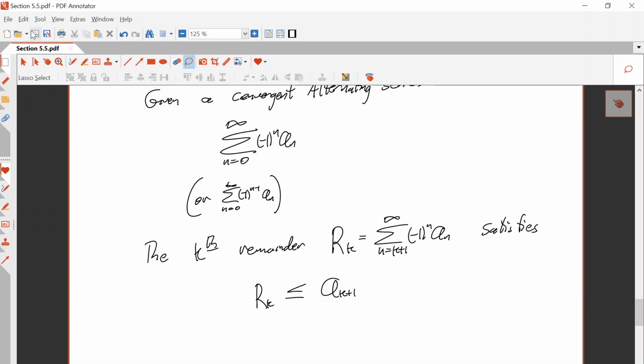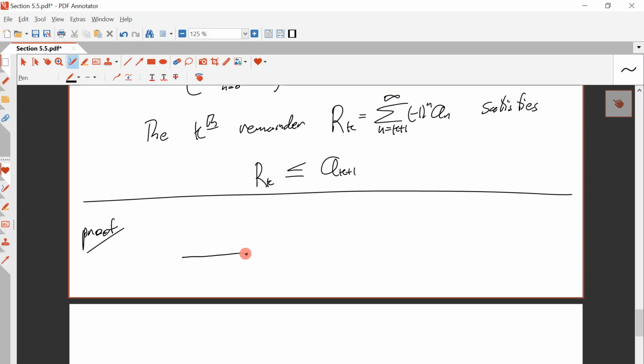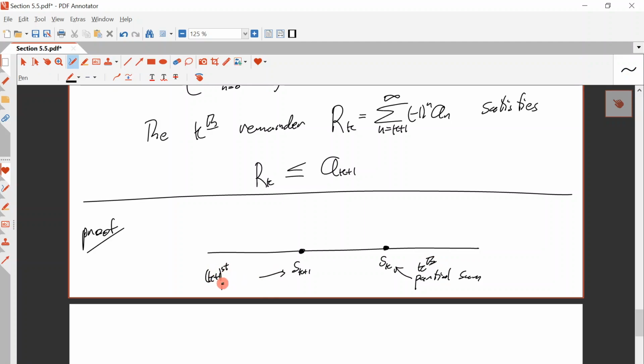Why is that so? On the number line, here is partial sum Sk, the kth partial sum, and here is the k plus first partial sum.